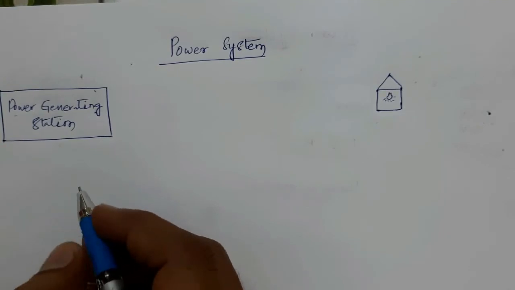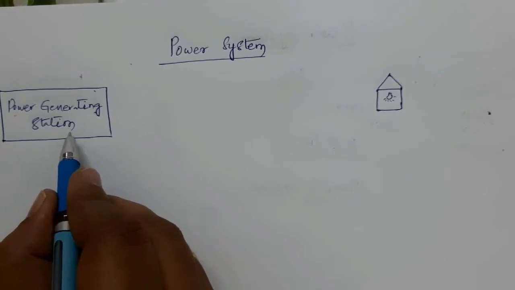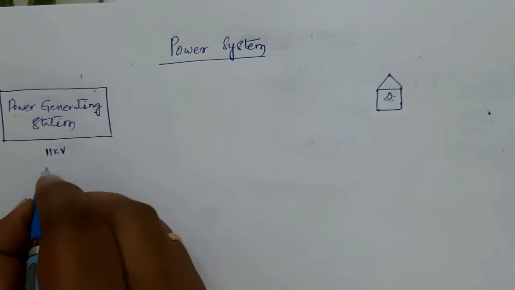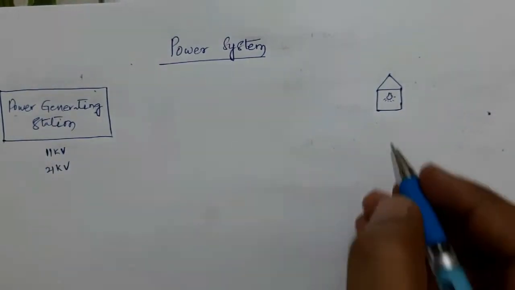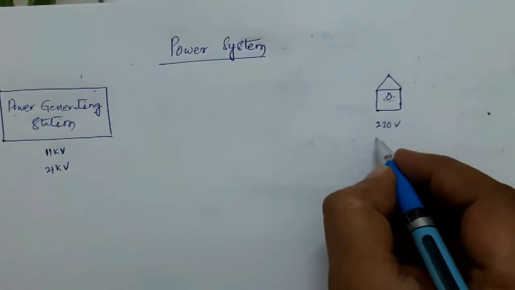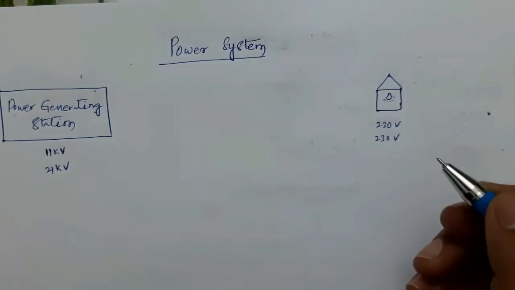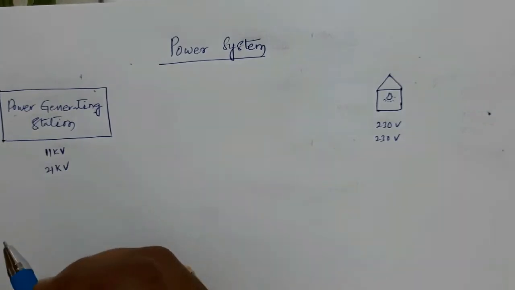Generally, power will be generated in the power generating stations. The generating voltage is in terms of 11 kV, 21 kV, like that. But we are using 230 volts bulbs and 230 volts fans in domestic purposes, while we are generating in terms of 11 kV, 21 kV.